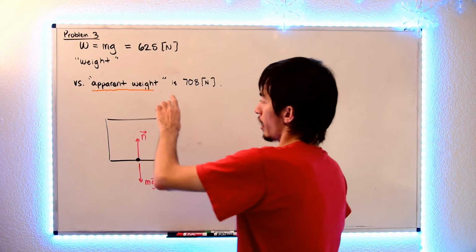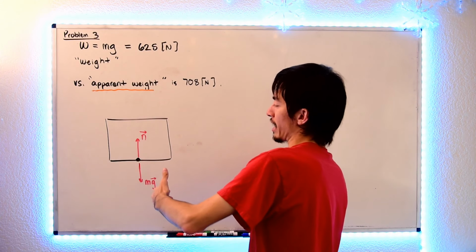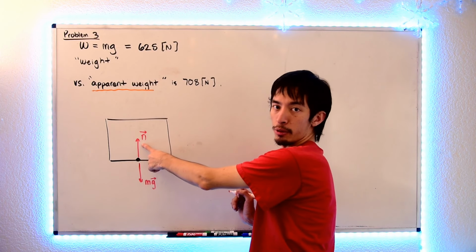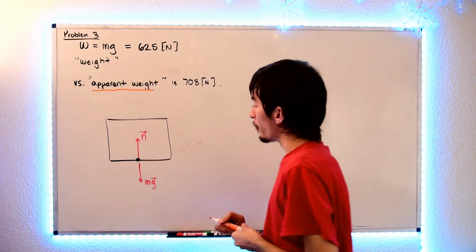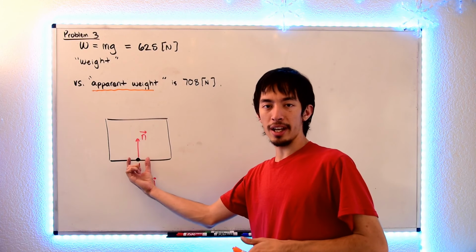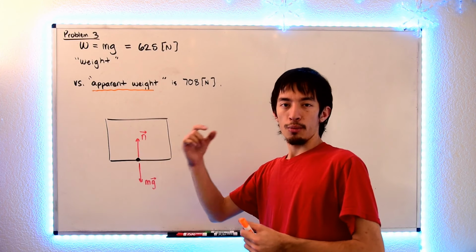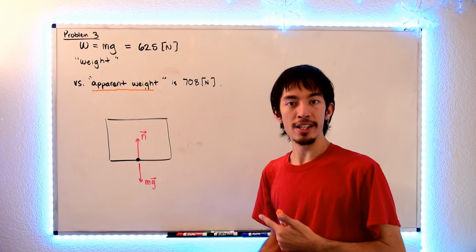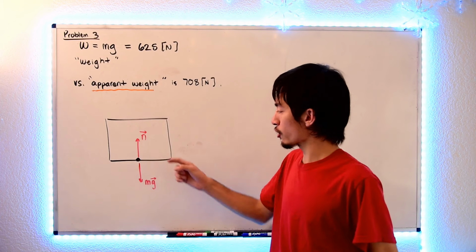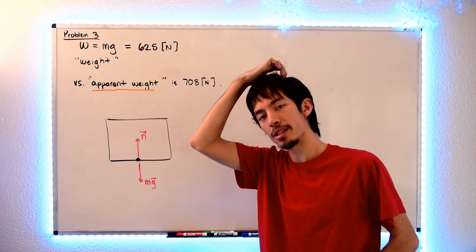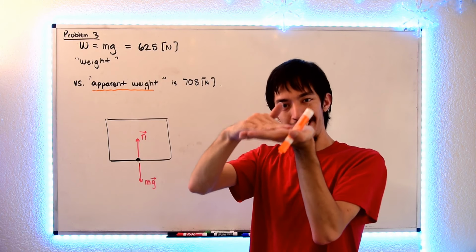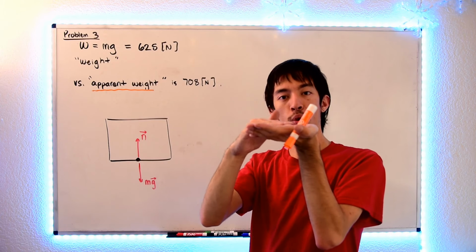So how do you find the apparent weight? It turns out it's actually just the normal force in this problem. Think of it as if you were standing on a scale in the bottom of the elevator. The scale would read something larger or smaller, and the reading is actually just going to be the normal force, because when you're standing on a scale, how much you push into the scale is what it reads.